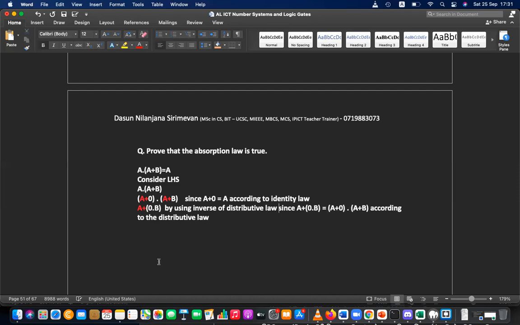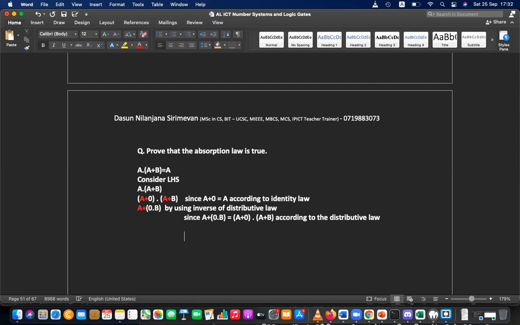Why are we using the inverse of the distributive law? Because A or (0 and B) is (A or 0) and (A or B). So that is the distributive law. The common A or can be distributed to 0 and can be distributed to B also: (A or 0) and (A or B).